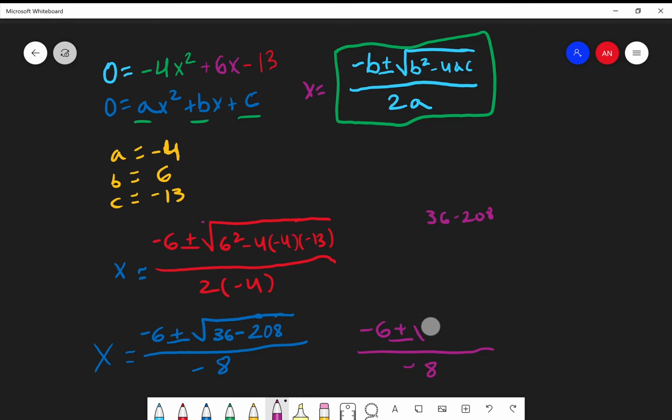So back to the original equation. It's minus 6 plus or minus 2i root 43. Now we can simplify the bottom. Let's divide the whole equation by 2 first.